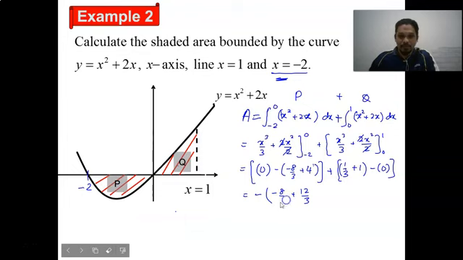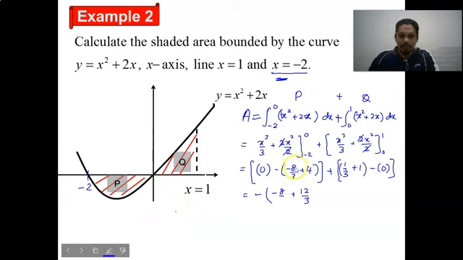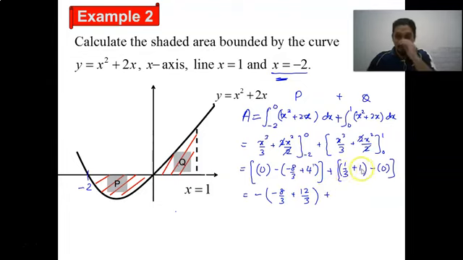So -8/3, and then 4 times 3 is 12/3, plus 1/3 plus 1. So 1/3 plus 3/3 is 4/3, minus 0 is 4/3. Look at this one now: -8 plus 12 is 4, right? So 4/3.